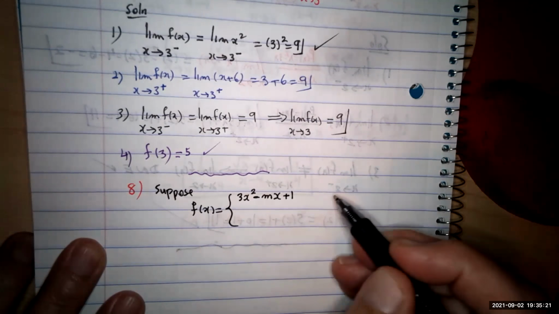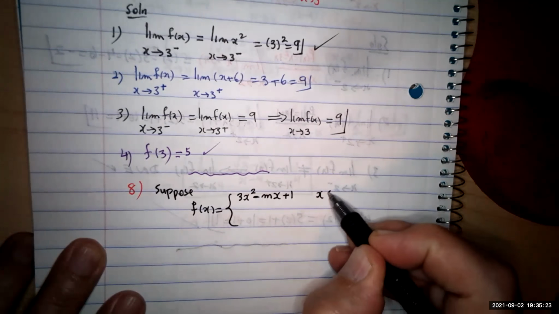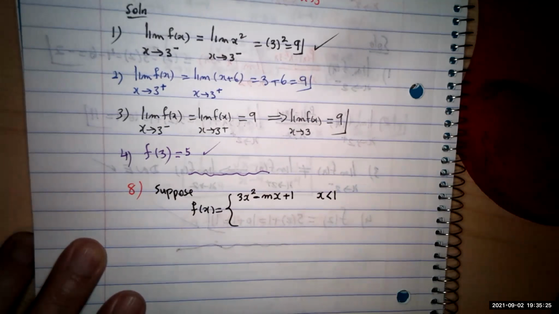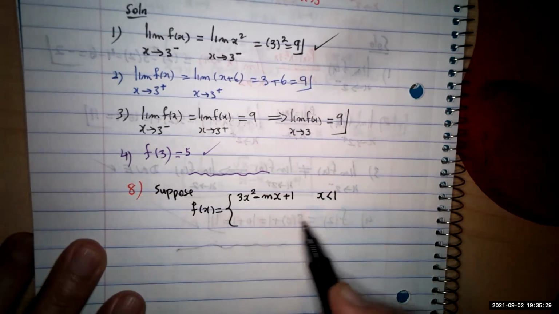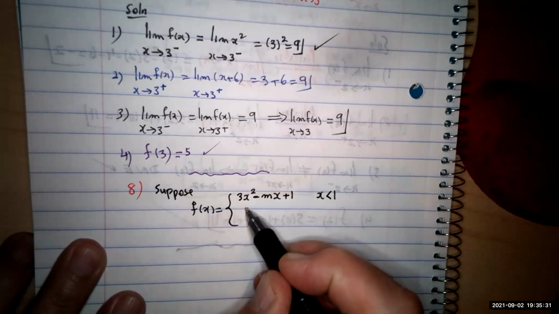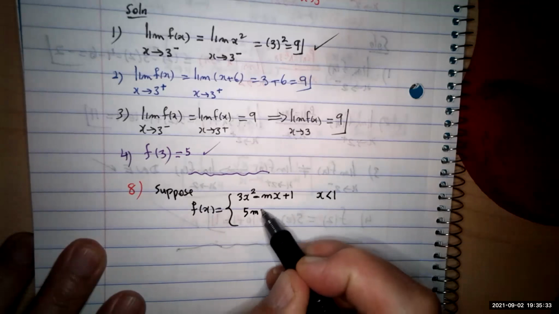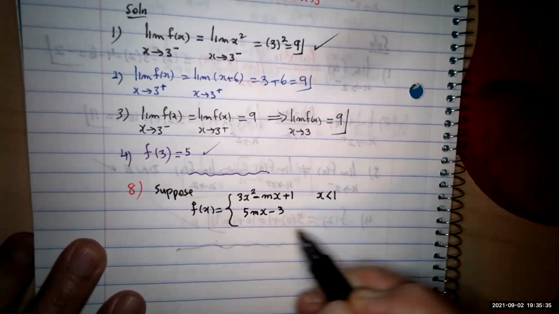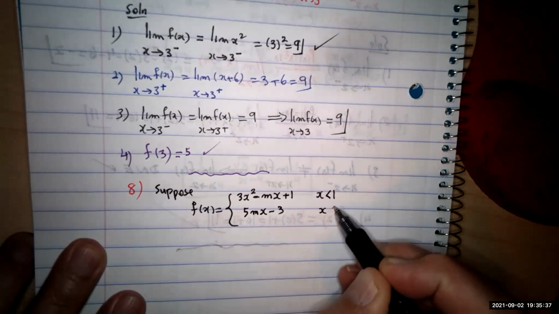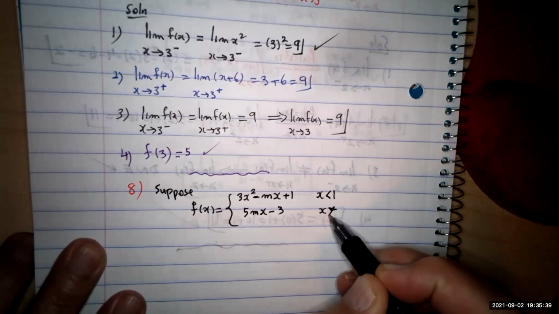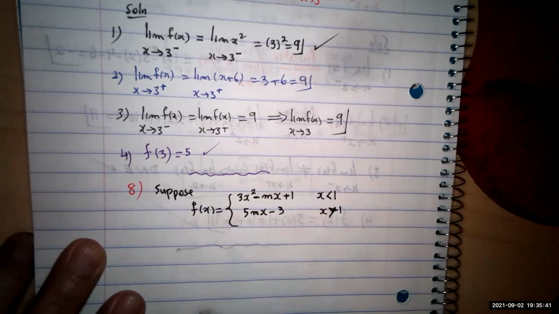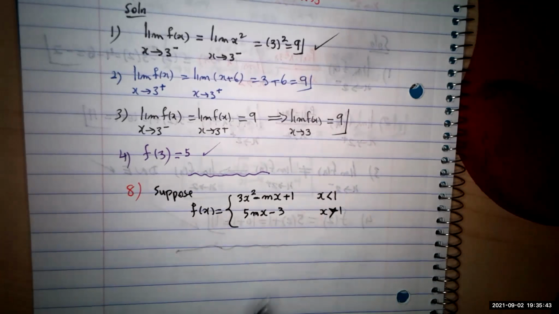This is the value of the function if your x is less than 1. And then you have another one. The other one is going to be 5mx minus 3 if x is greater than 1. So the function is given, and there is an m here.